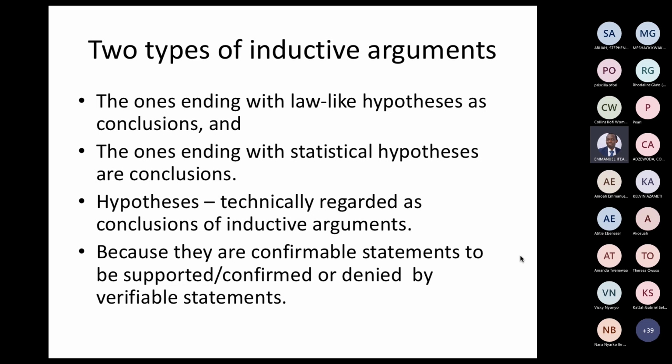So at this point, you've already detected up to 4 or 5 ways of detecting inductive arguments. The hypotheses are technically regarded as conclusions of inductive arguments because they are confirmable statements to be supported, confirmed, or denied by verifiable statements.